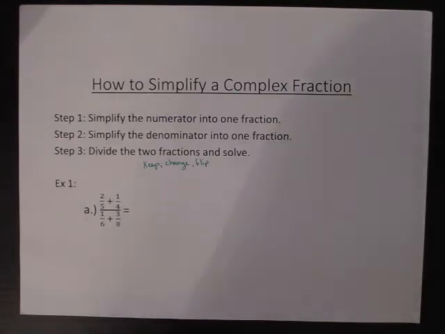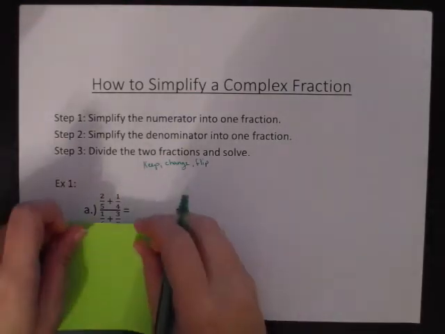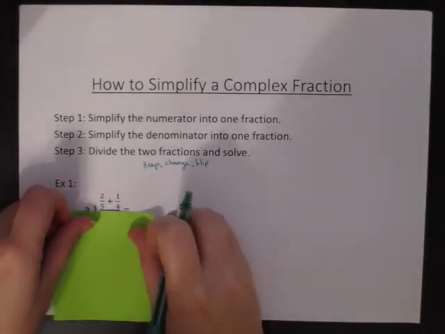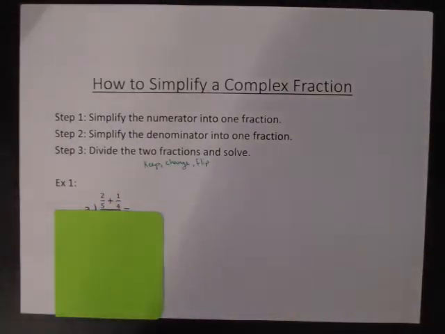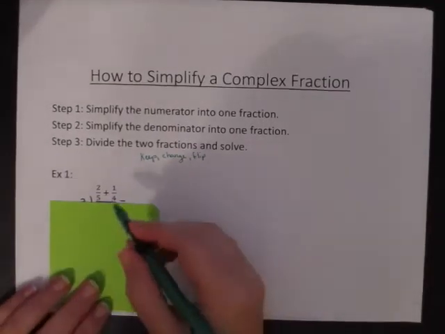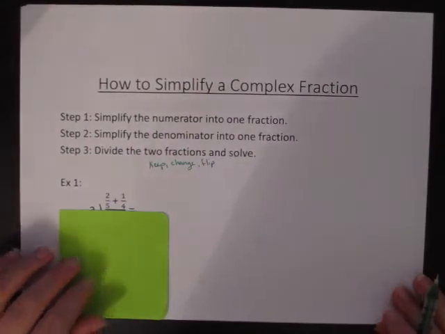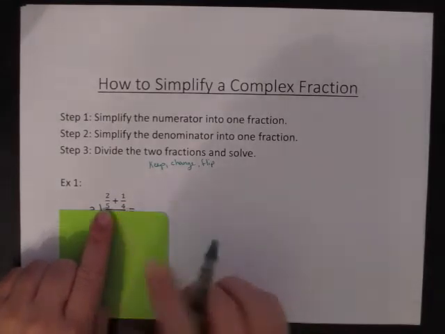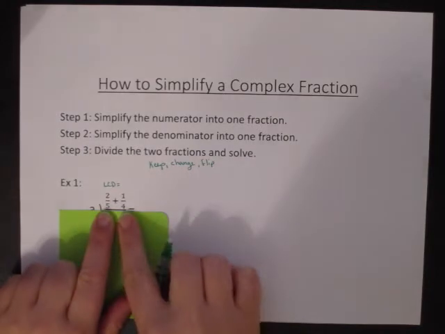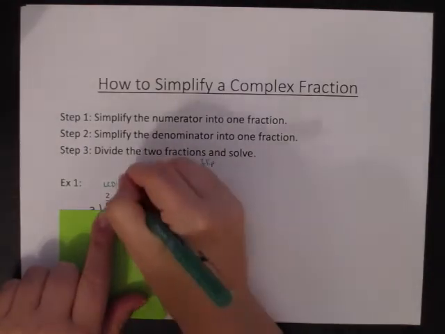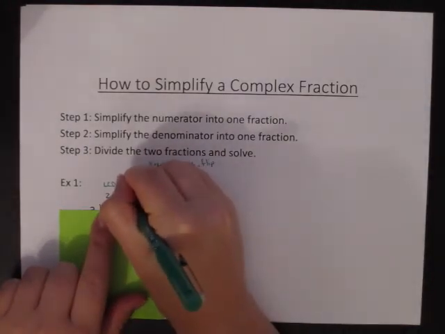So, step 1, to simplify the numerator into one fraction, I want you to take that sticky note and cover up the denominator. All we're going to focus on is the numerator, or the top, and we're going to simplify that as much as possible. If I've got 2 over 5 plus 1 over 4, first thing I notice is my denominators are not the same, so I have to find my LCD. My LCD for 5 and 4 is going to be 20.